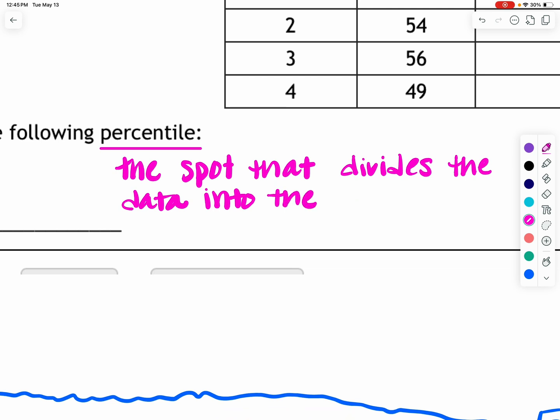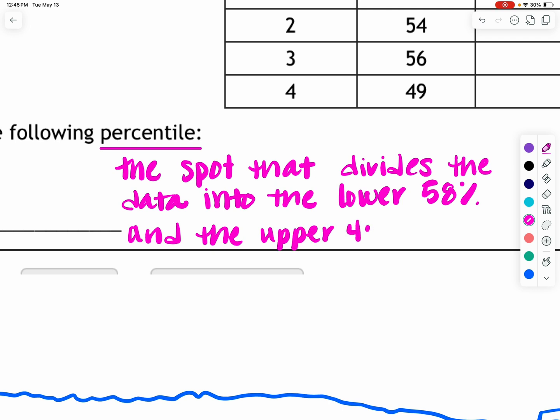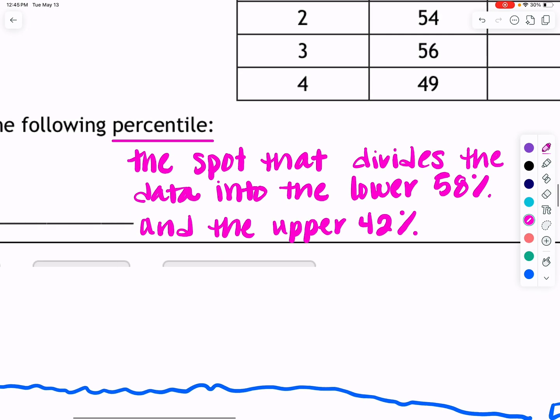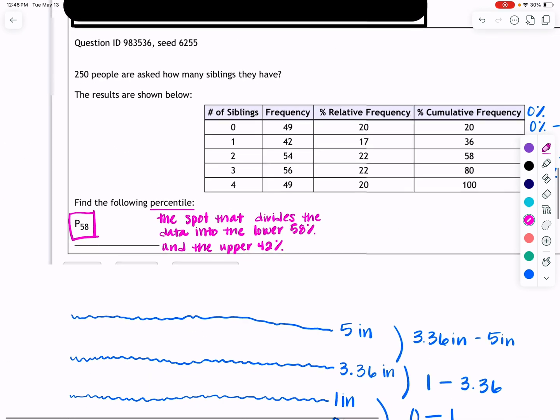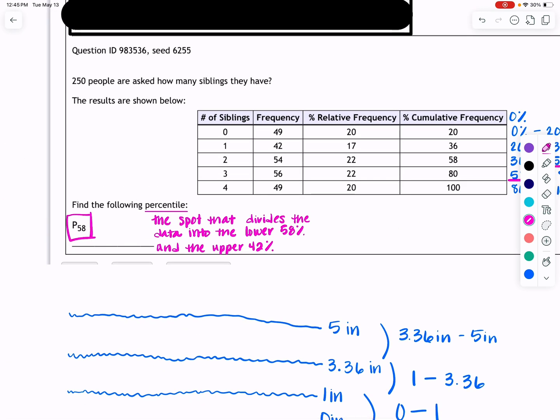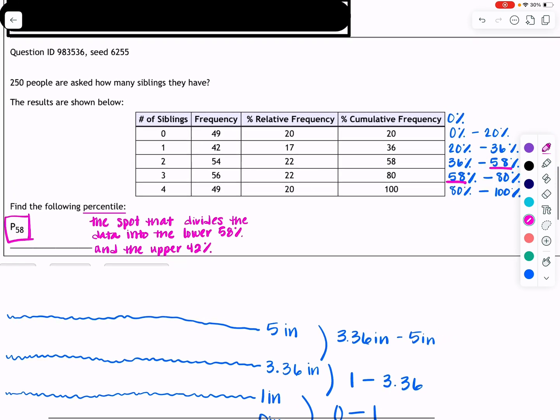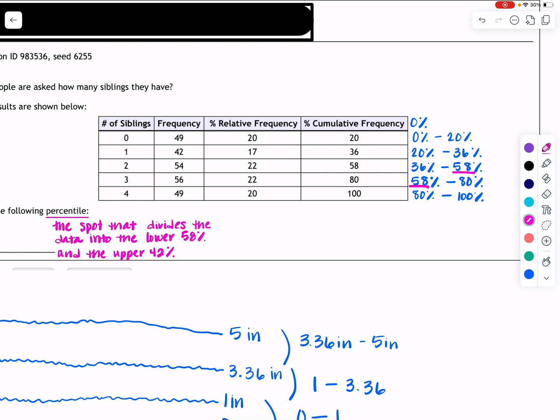into the lower 58% and the upper 42%. So I'm looking for the spot where that 58% sort of stops.